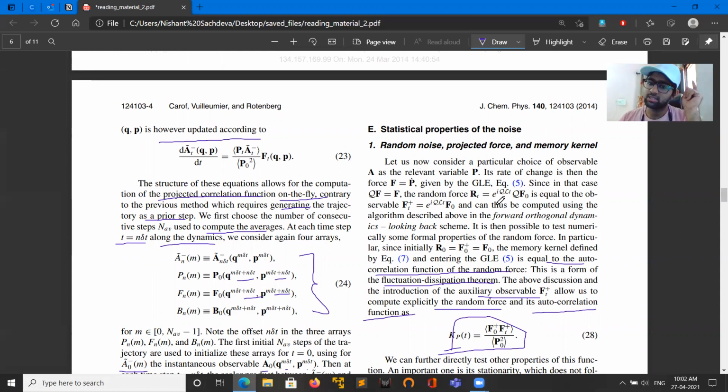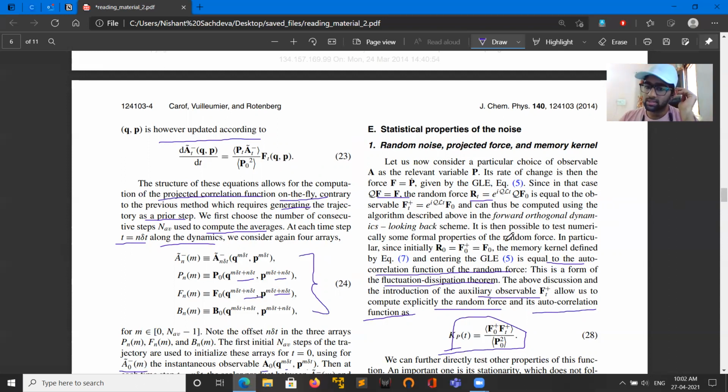Since F is P dot, QF is F, and the random force R_t is defined as follows, it is equal to the observable F and can thus be computed using the algorithm described above in the forward algorithm. What they're saying is that the random force R_t is this and QF is this. So F naught, F_t plus can be computed using the algorithm described above.